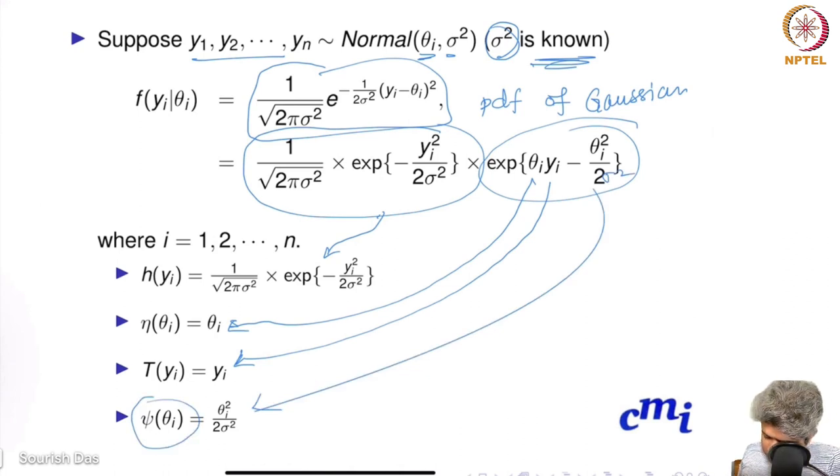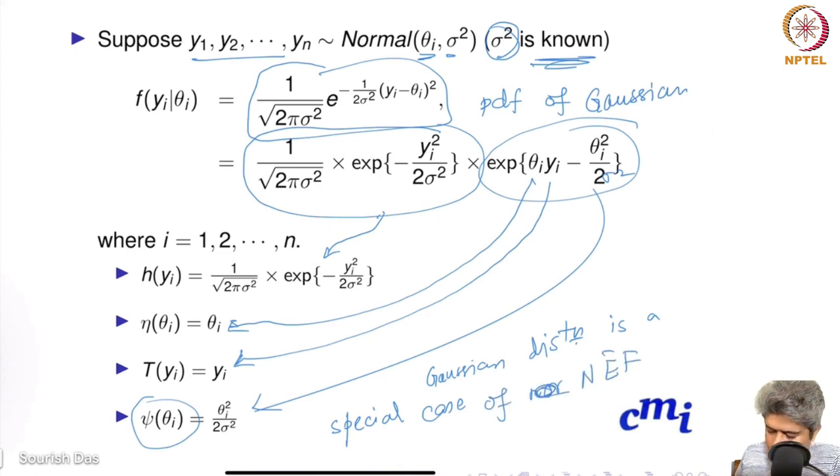So I can now say the Gaussian distribution is a special case of the natural exponential family of distributions.